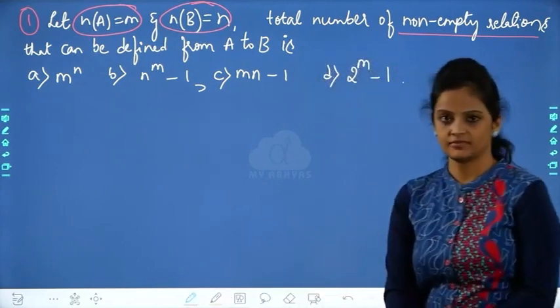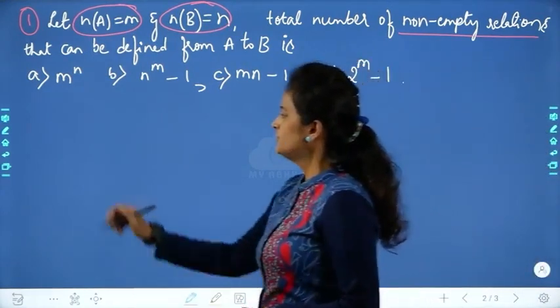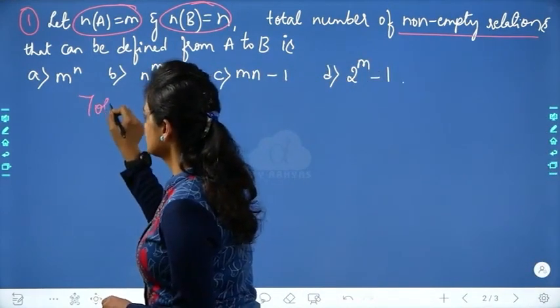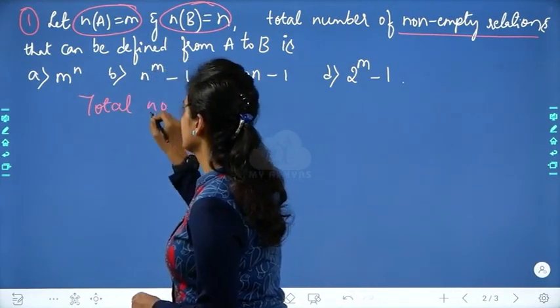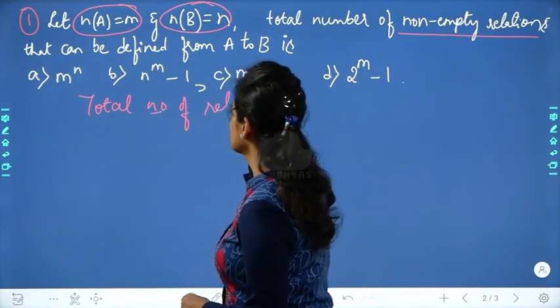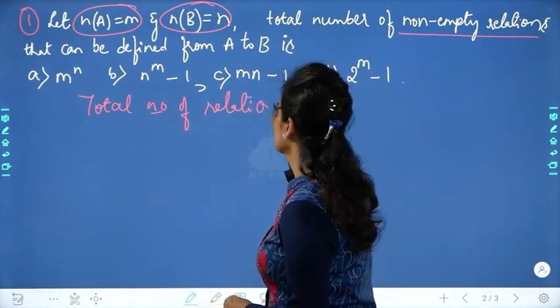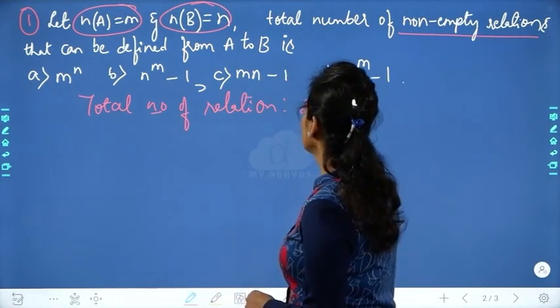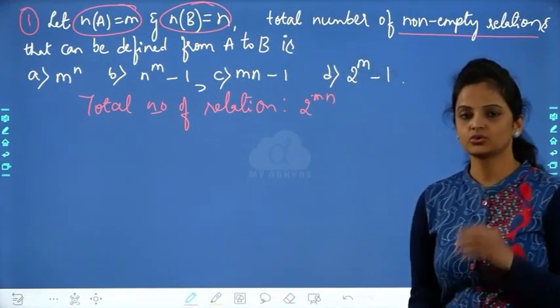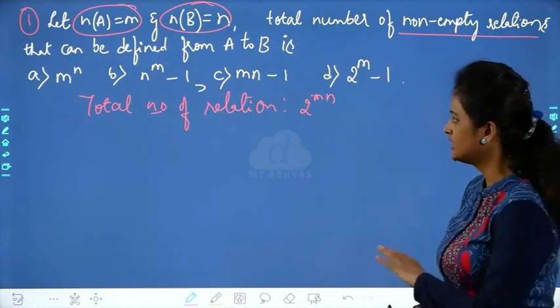If you take the total number of relations, that is actually 2 to the power of mn. Correct? 2 to the power of mn is the total number of relations.